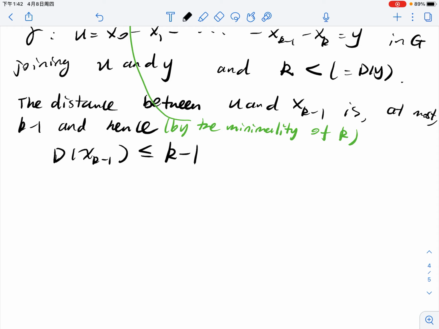If this is greater than k minus 1, then k minus 1 is smaller than k, so k is not the smallest one.